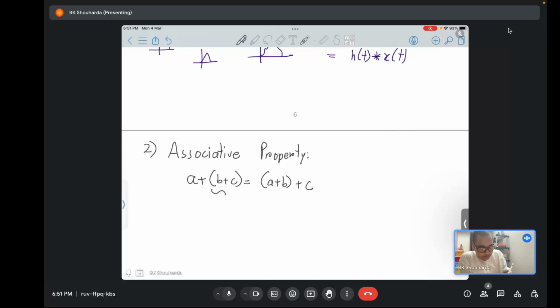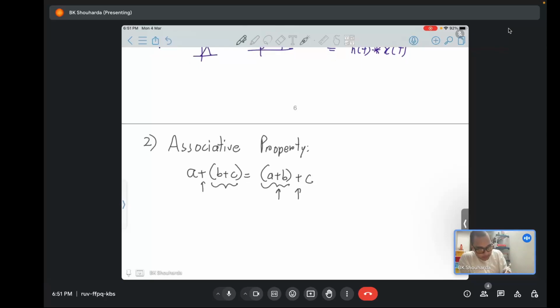That means first you do the operation on b and c and then on a, which is the same as first doing it on a and b and then on c. Same goes with multiplication. a times b times c: first you multiply b and c, then you multiply it with a. This is the same as multiplying a with b and then with c.